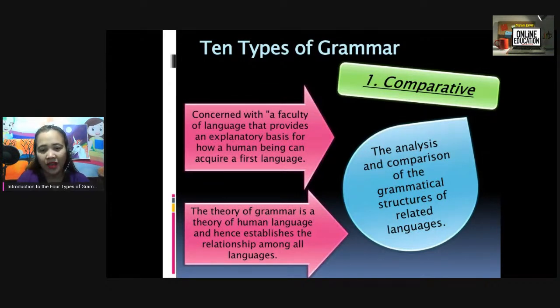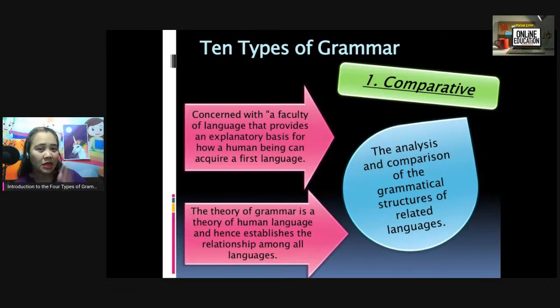So number 1, comparative, the analysis and comparison of the grammatical structures of related languages. If you remember the previous slides, it was confusing, right? Why did we discuss Latin? Okay, actually, don't think so much about that. As long as you know what descriptive grammar is and what prescriptive grammar is, it's okay. Again and again, when we say descriptive, it is the actual usage of the language of the speaker and the writer.